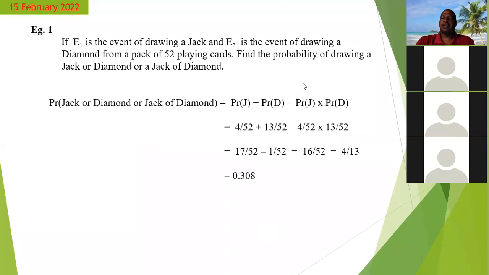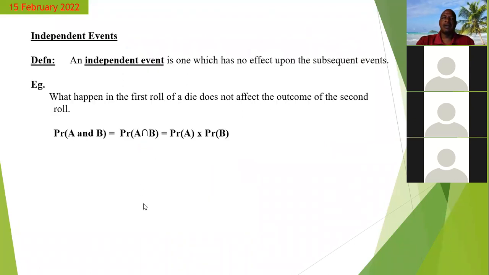All right, so with that said, let us look at the next slide. So here now what we have is what we call independent events. When you go back through this video, make sure you know these events differently. We have mutually exclusive, we have non-mutually exclusive.